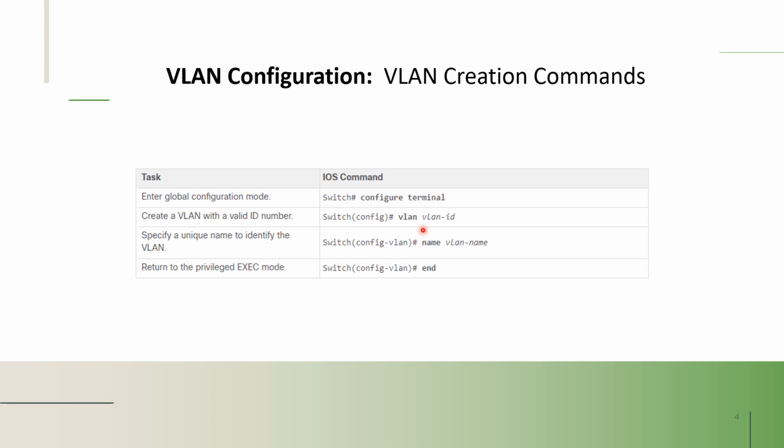There, by using the command vlan followed by the VLAN ID, you are creating a VLAN with that ID. Then you will be in VLAN configuration mode, where you can name your VLAN with the command name followed by the VLAN name that you want. Then you return to privileged EXEC mode by using the end command.